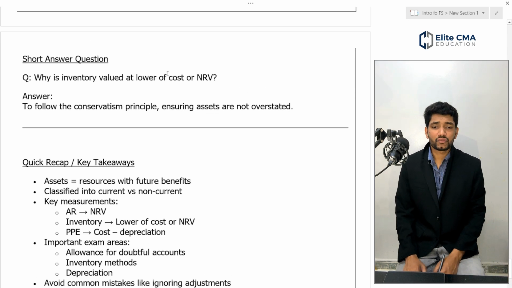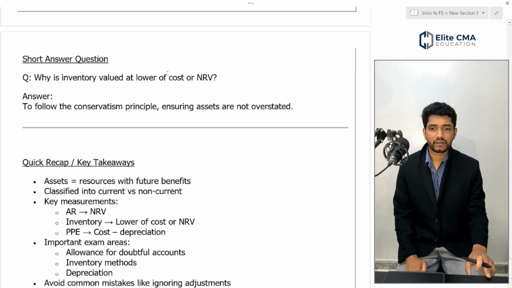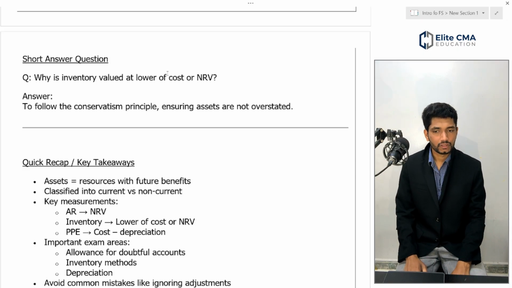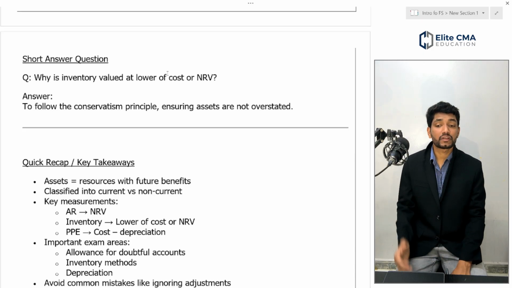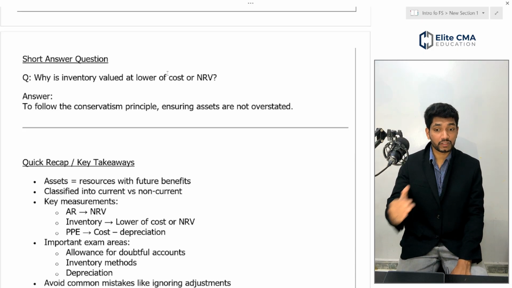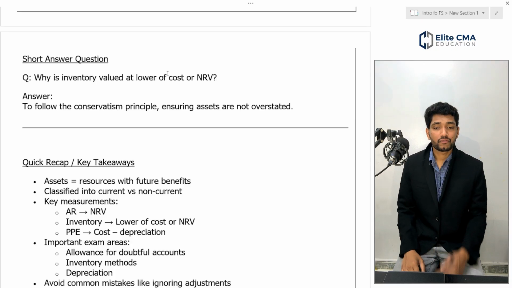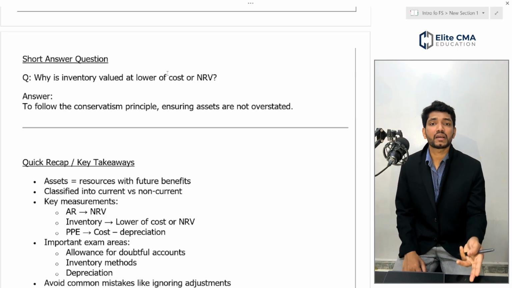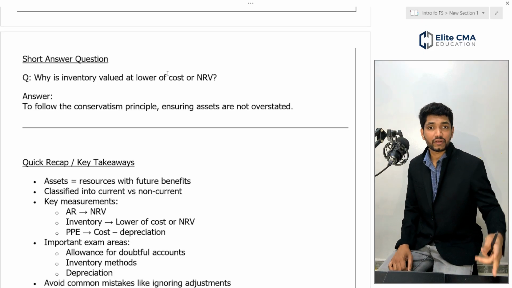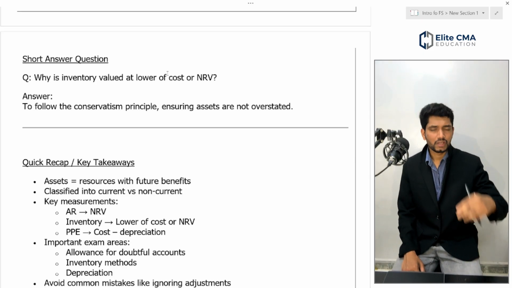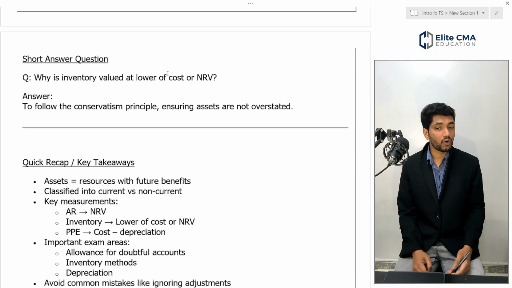Then, why is inventory valued at the lower of cost or net realizable value? This is to follow the conservatism principle. Conservatism is a principle in accounting. While valuing an asset, we have to take only the conservative approach, which ensures that assets are not overstated.